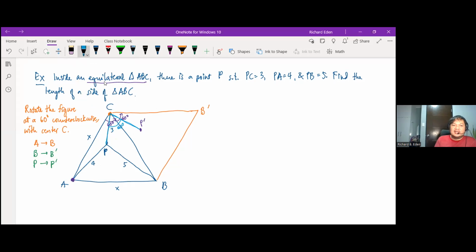Considering that CP has 3 units, CP prime should also be as long. CP prime should also be 3 units, diba? So to look at the figure, CP is 3 units, CP prime is 3 units, and that angle there, PCP prime, is 60 degrees.